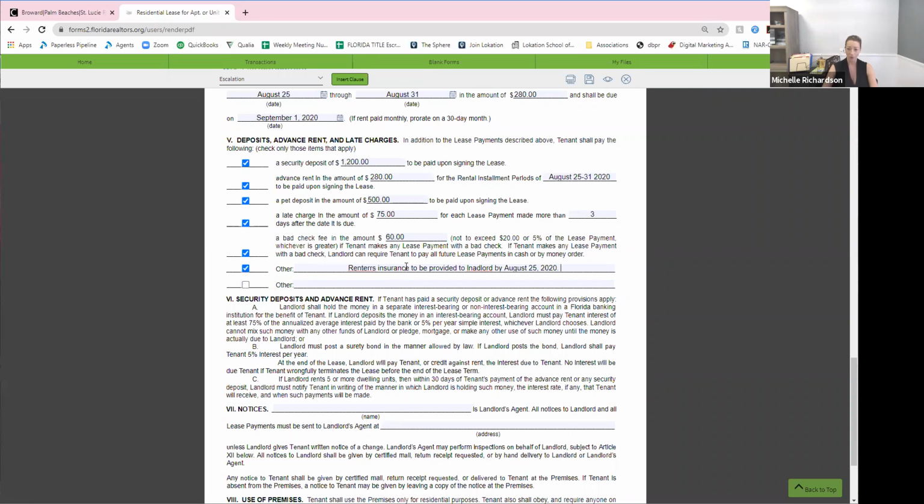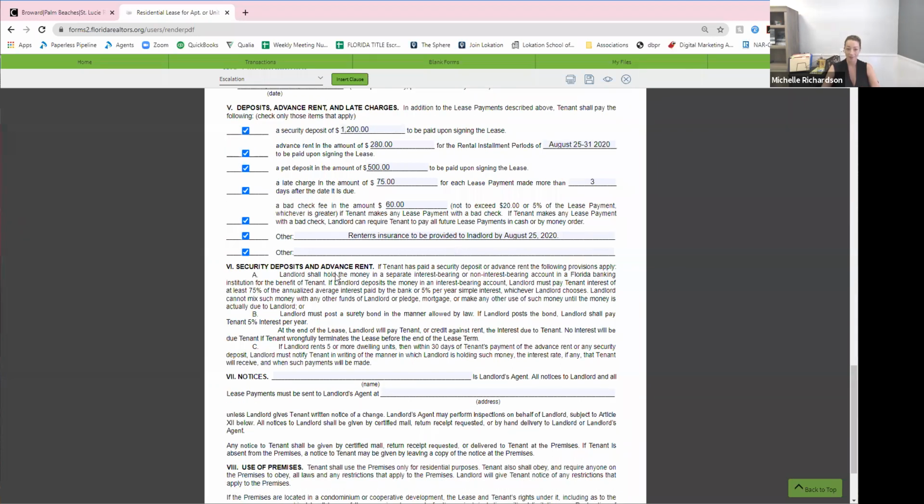So you could ask them to get renter's insurance and to provide information to the landlord by August 25th. If there's something else that you want to do as well, you could put it there. You could put here renter to pay for car decal, fob, etc. Anything you want, basically, you could put there. That's just an idea.